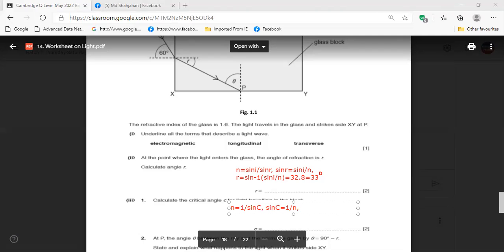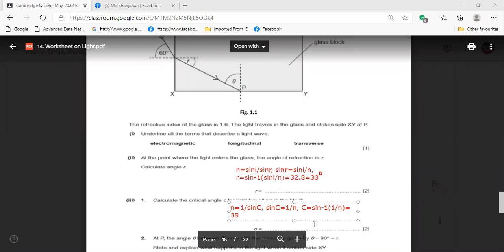Then c equals sin inverse 1 by n. This one is easier than the previous one, right? Put the values, then you can get the answer 39 degree.